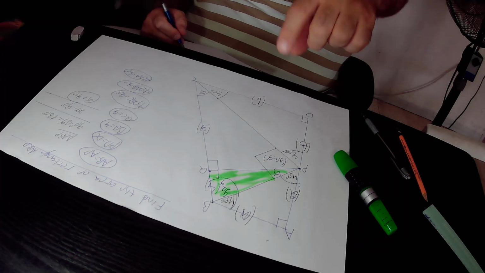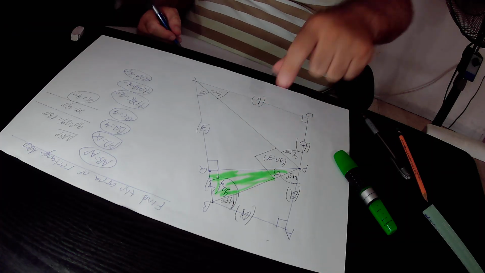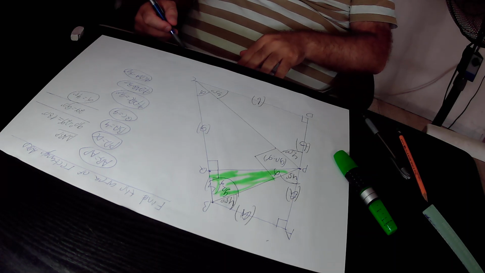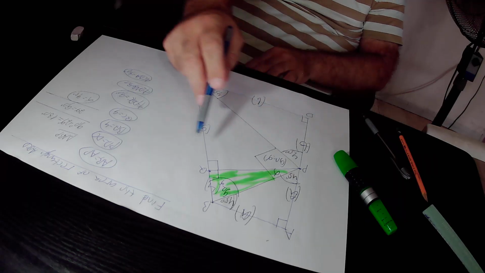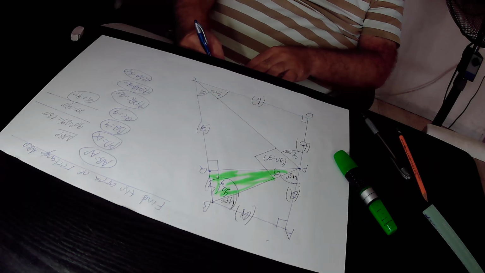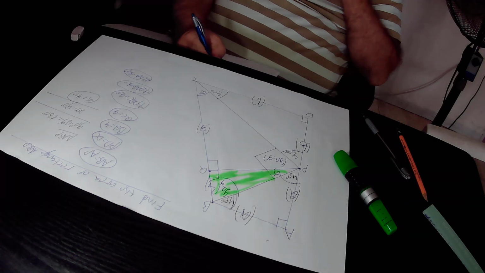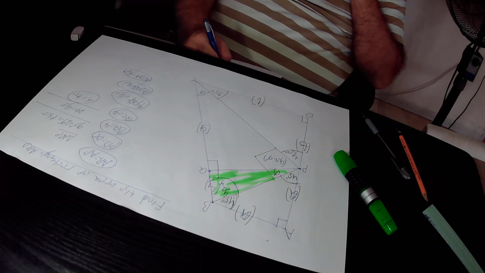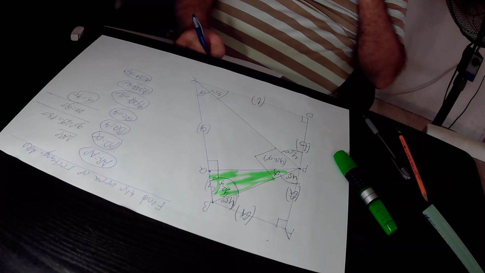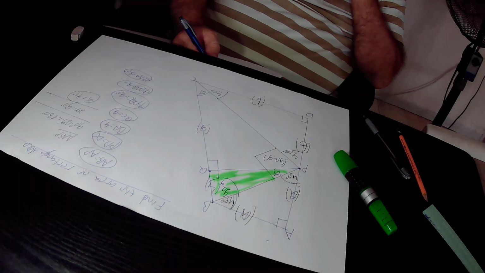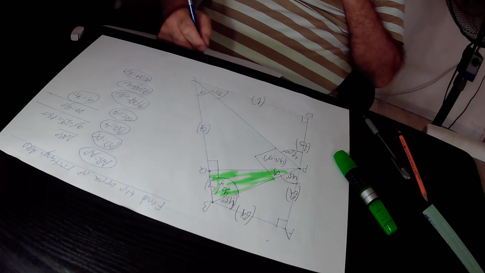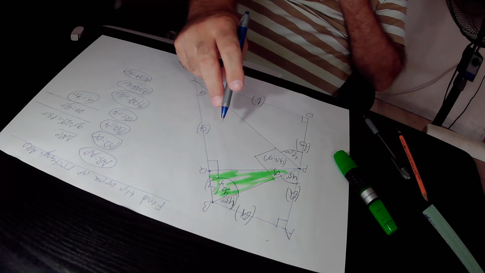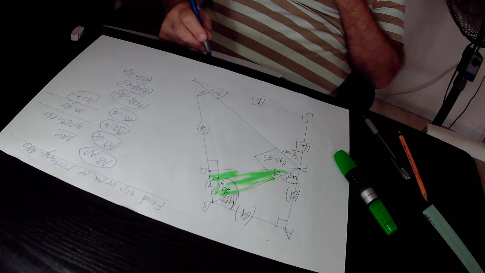So from the similarity, we will derive that side PQ of the big right triangle PQC over side BQ of the small green triangle PBQ is equal to side QC of the big right triangle PQC over side PQ of the small right triangle PBQ.